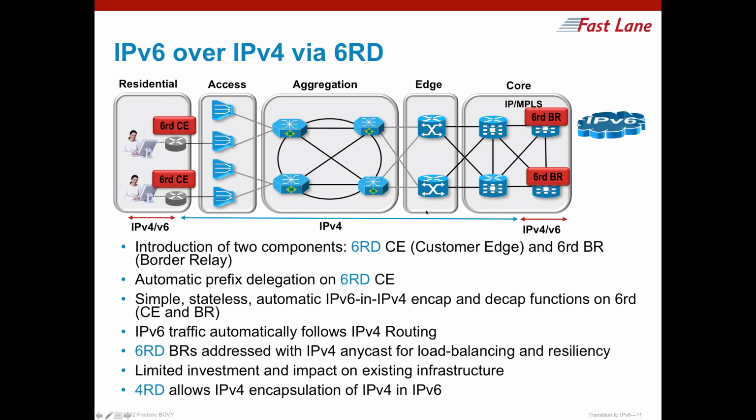So you still need a 6RD CPE, and you need a 6RD BR, a border relay, which is going to be your gateway to the IPv6 Internet. The 6RD CPE is configured with the address of the border relay, and when it detects that the destination is not local, it forwards the packet to the border relay for the border relay to switch the traffic out to the IPv6 Internet.